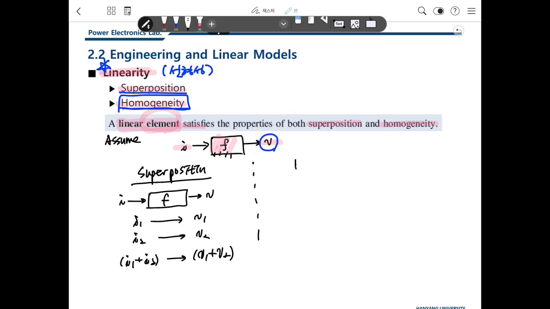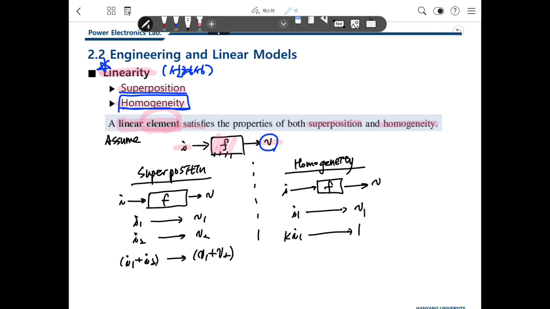And homogeneity: with input I and the system F, then F gives V. We insert I1, then F gives V1. And if we insert K times I1, then F gives K times V1.